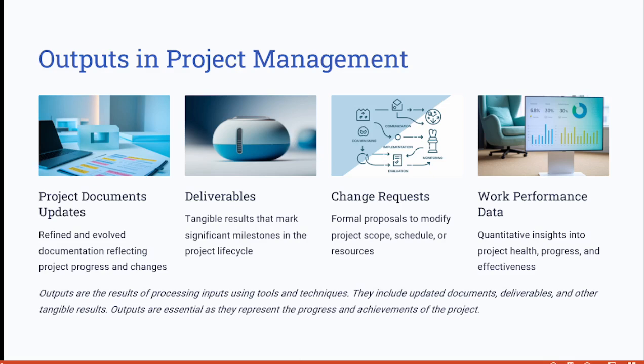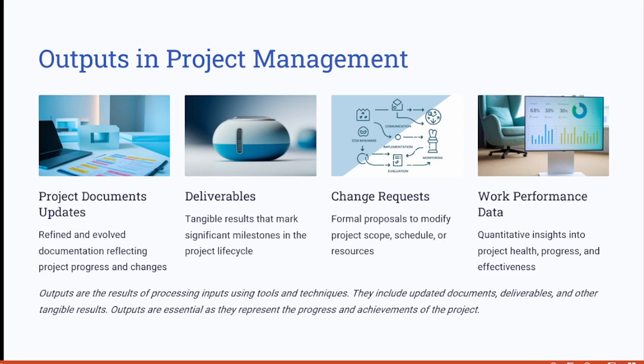Now, the outputs. Let's say that the outputs are the results, which are produced by processing the inputs using the tools and techniques. So, think of an input: you analyze it or use expert judgment in order to produce the output.